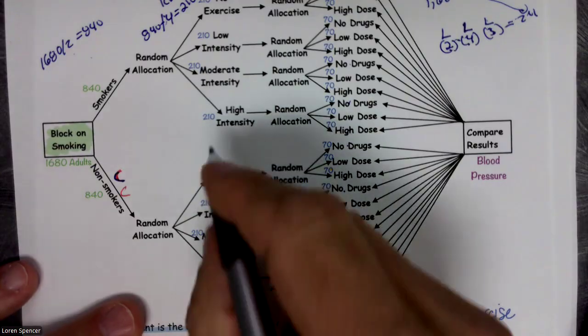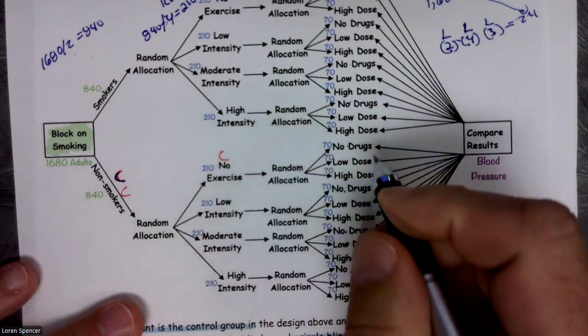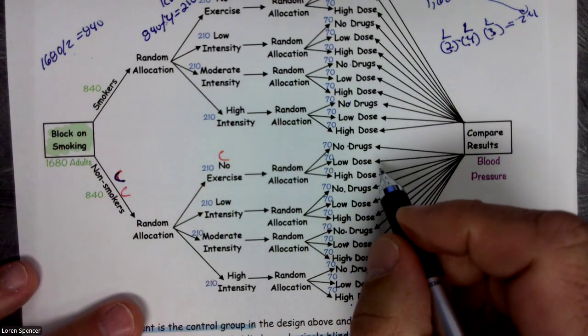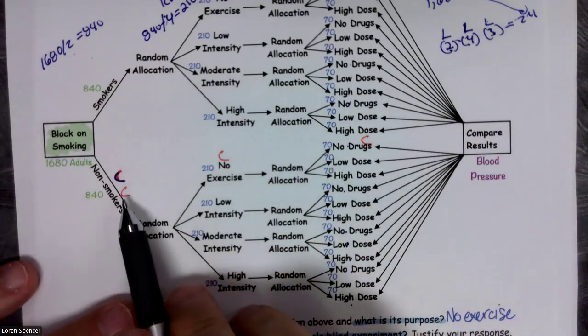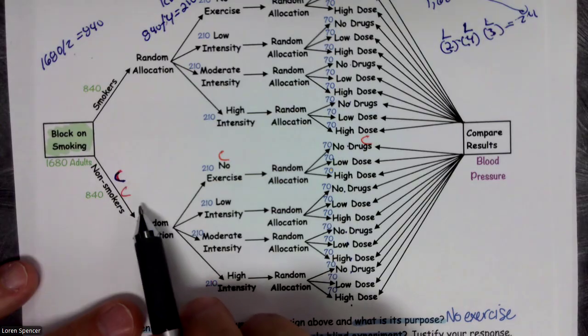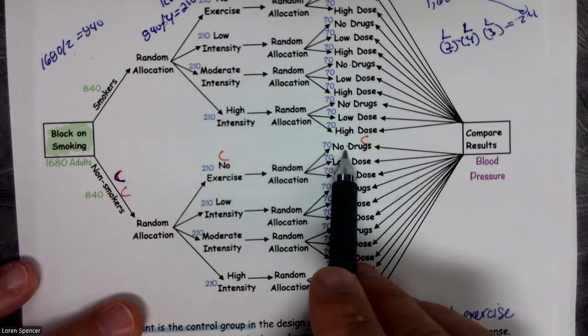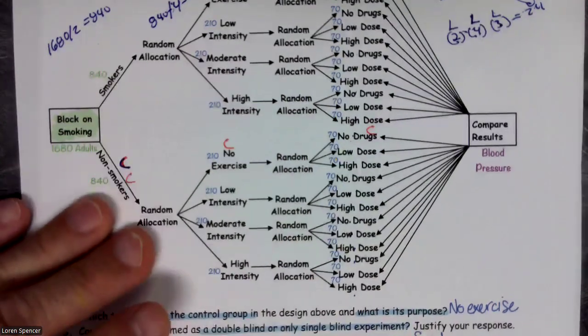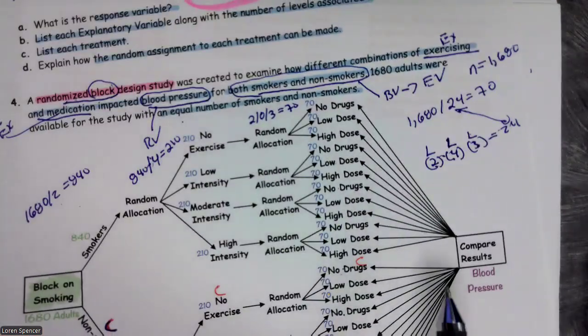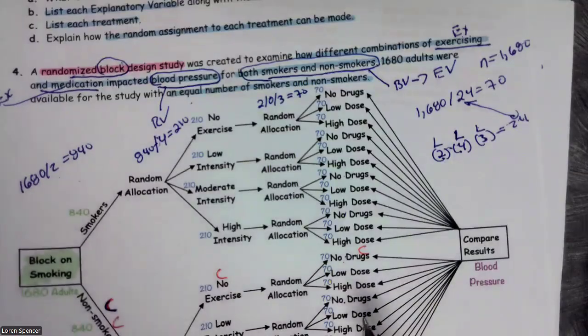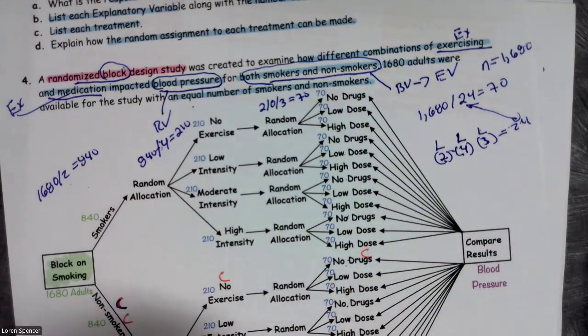They must not be doing any exercise, so that's a control group. And then they probably get no drugs. So I would say that your control group is the one getting nothing, which is non-smokers, no exercise, and no drugs. So that's what you would claim to be your control group.